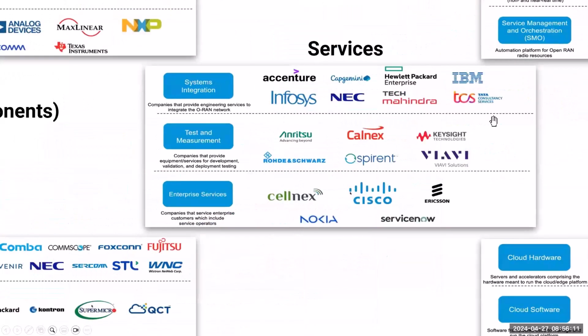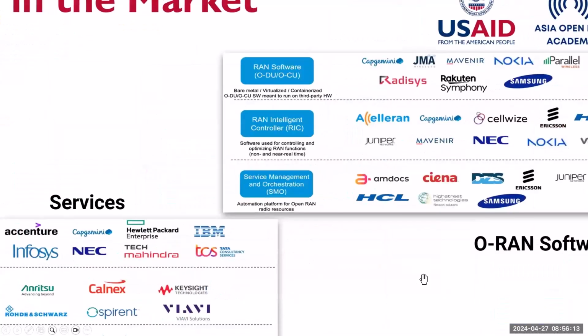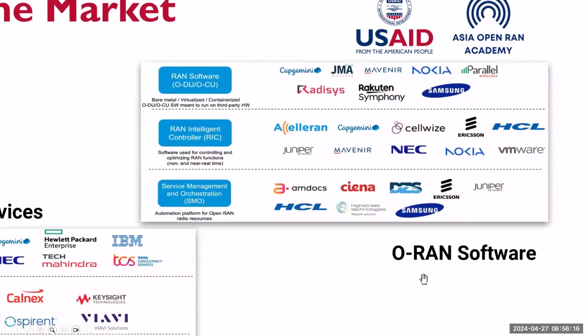Now, if you move on to the O-RAN software, this is the software that you install in your O-DU or O-CU. We have Capgemini, JMA, Mavenir, Nokia, Parallel Wireless, Samsung, Rakuten Symphony is also there, and Radisys.